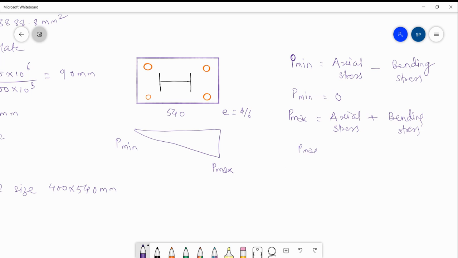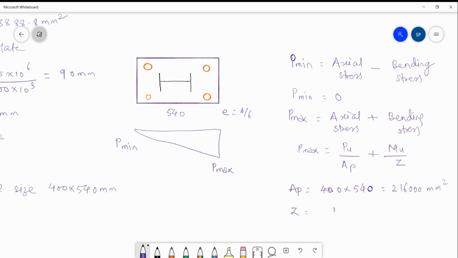So P max will be equal to axial stress, which is Pu divided by area of plate, plus bending stress, which is Mu divided by Z. Now, area of base plate provided is 400 multiplied by 540, which comes out to be 216,000 mm square.